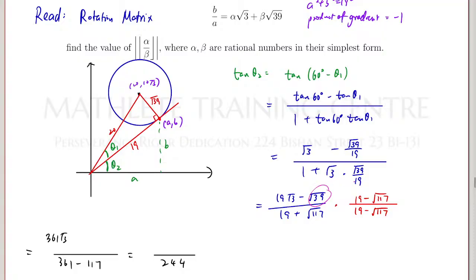Wait, I'm a little bit confused. Wait, what happens when multiply? Okay, square root 13 times square root 3, square root 13 times square root 9. So it's basically 13 times 9, which is 117 once again. Wait, what? No, sorry, 13 times 3, so it's 39 square root 3. Okay, a little bit confusing. Then this guy and this guy. But basically you get the point.